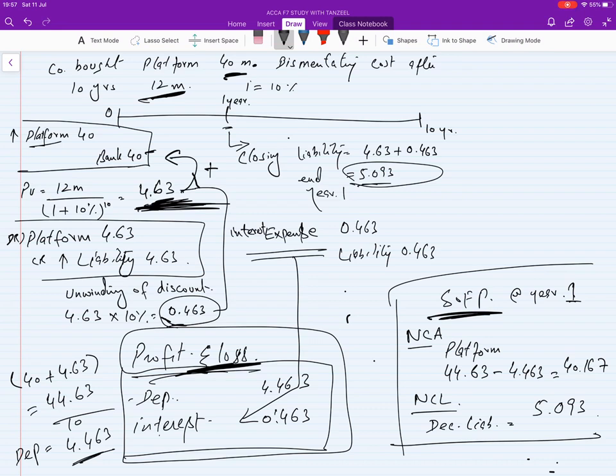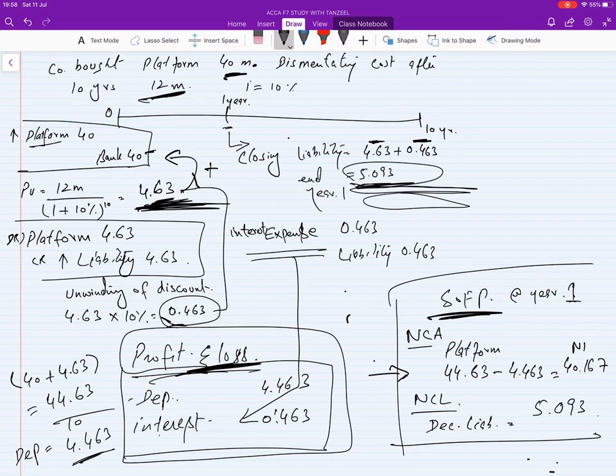So the closing balance is this. So the present value of future cash flows plus unwinding of discount. If you add these two, this will be the closing liability. So NCA, how will we calculate NCA for SOFP? Cost minus depreciation.